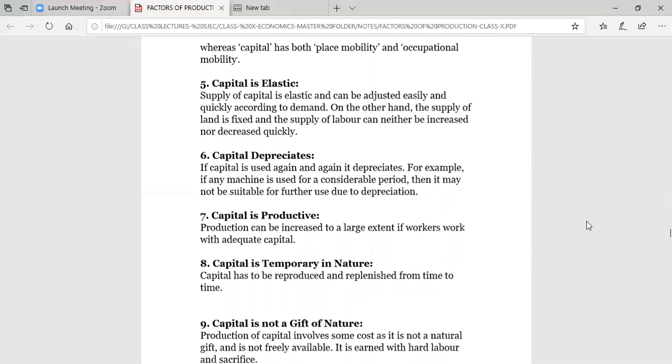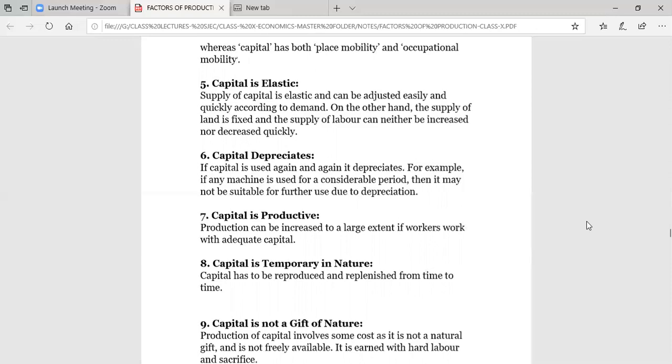Immediately, you can deploy certain big machineries, a certain number of laborers, certain equipment to meet the demand. That is why it is called very elastic. It can be adjusted easily as per your requirement, as per your demand.